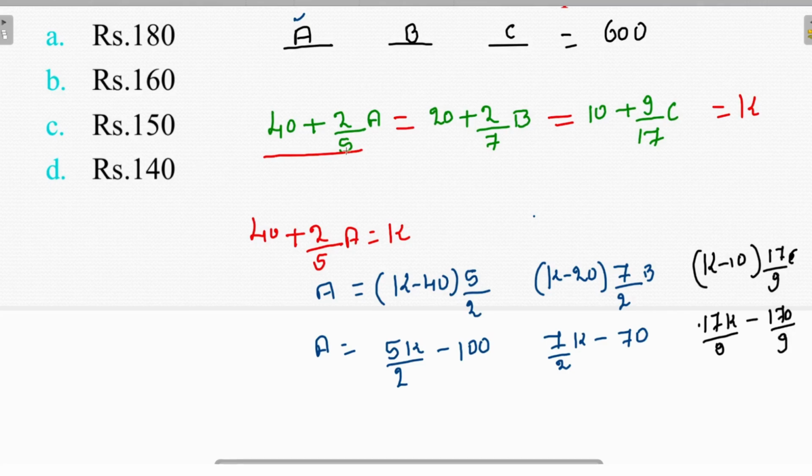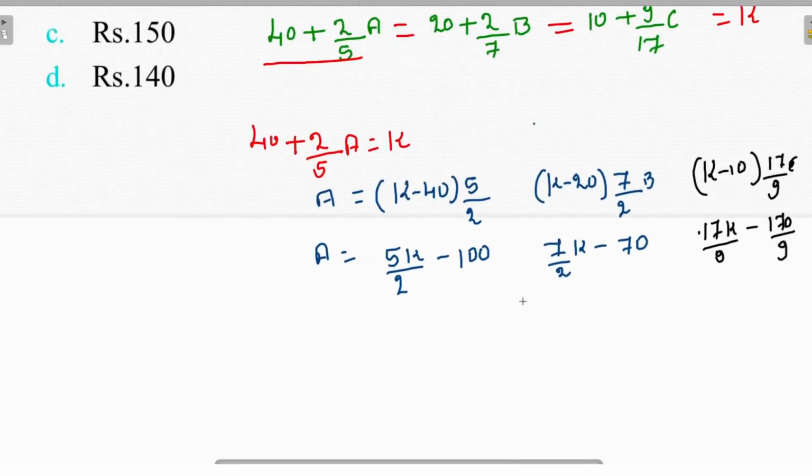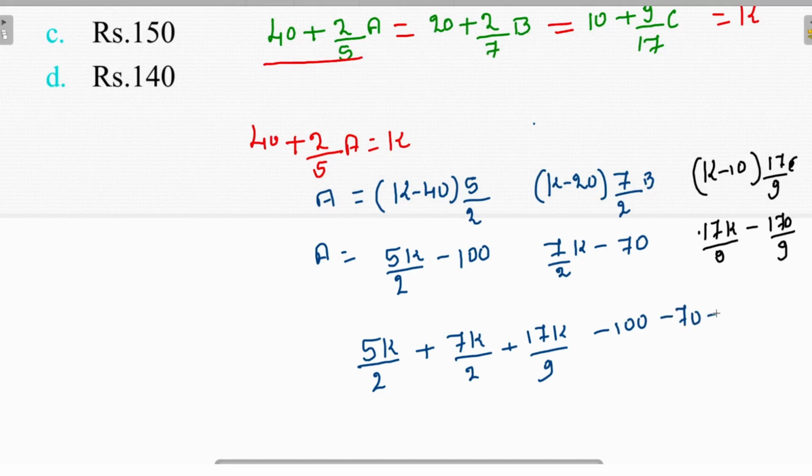Now K value, it is A value, it is B value, it is C value, we have to add. Now K one side you can write it like this, 5k by 2, step by step I am explaining. 7k by 2 plus 17k by 9, again minus 100 minus 70 minus 170 by 9, it is equal to 600.